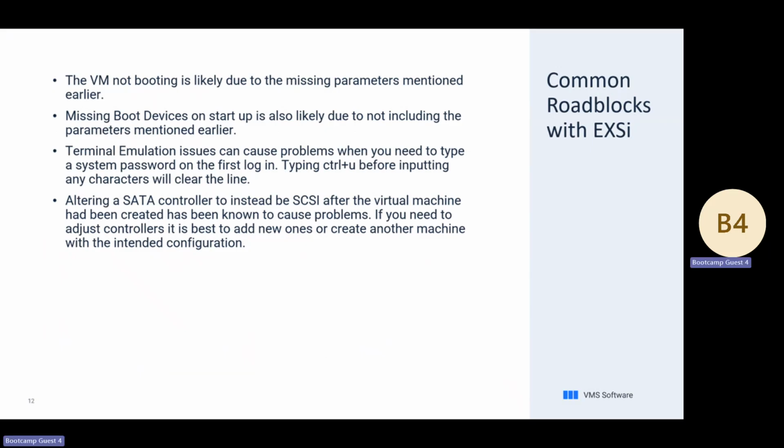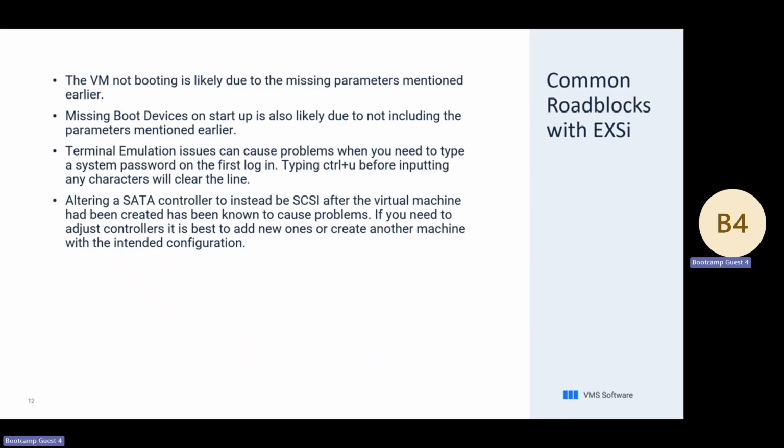Okay, so we talked a bit about some of the roadblocks with ESXi. I mentioned for you earlier some of those parameters that, if they are missing, will likely cause some issues with your VM. But we also have found some boot devices post booting up your OpenVMS VM for the first time.